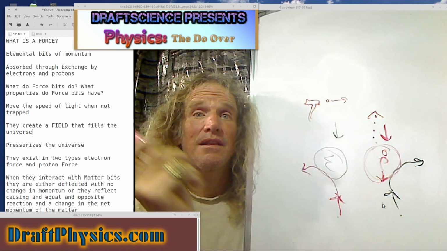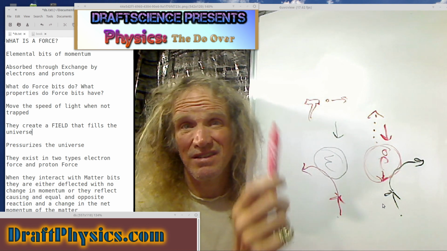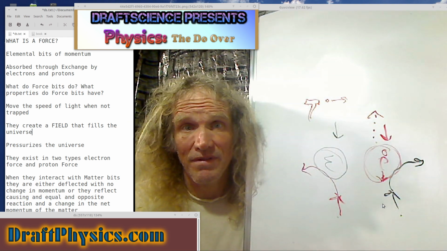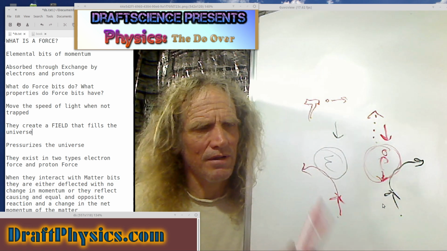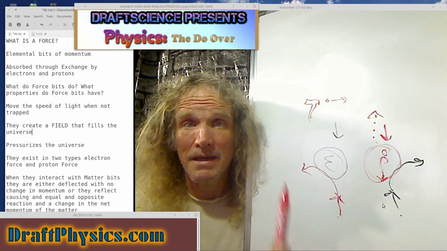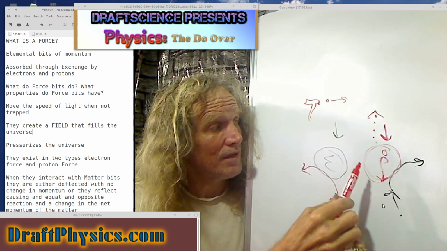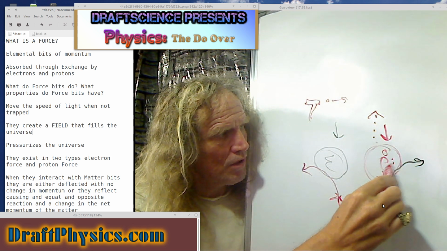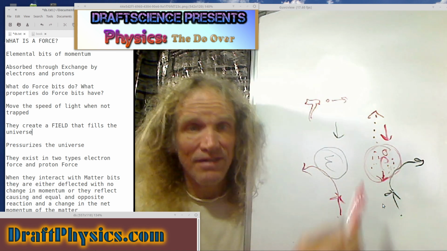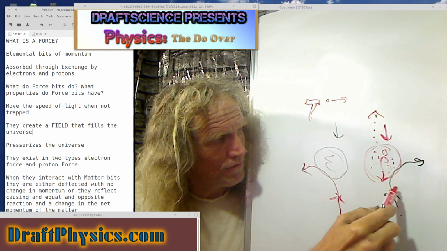So the wrench that I throw into space, let's say, and the wrench that I just let go of, the two wrenches are different. One's moving with a velocity of 30 or 40 miles an hour, and the other wrench is just sitting here. Well, those two wrenches are elementally different. The one that's moving has different rowers in its boat than the one that's not moving. Its little bits are moving. Its protons are moving.